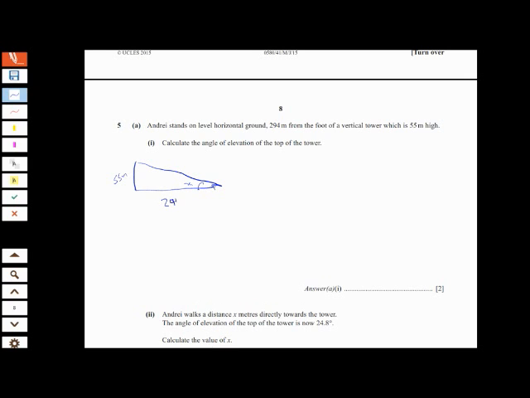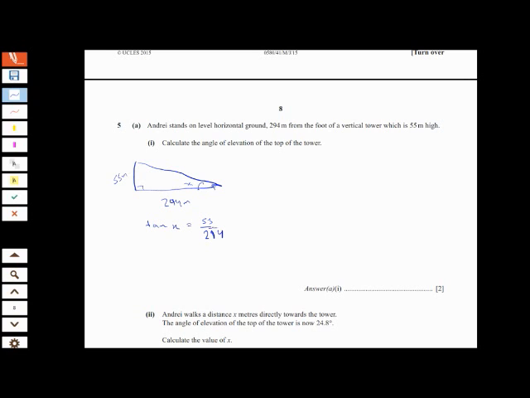This is really easy because you already have two sides, and it's a right angle triangle. You can use just sine, tan, or cosine to find this. So what you're going to use here is opposite over adjacent, tan. Use tan x to find this. Tan x equals opposite over adjacent, which is 55 over 294.